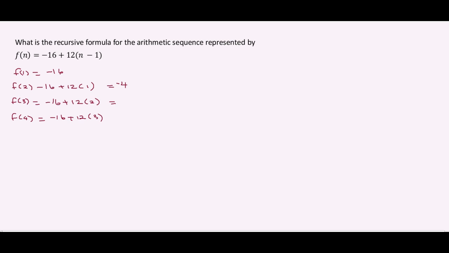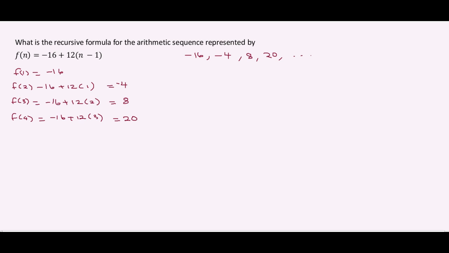Negative 16 plus 24 is going to give us 8. Negative 16 plus 36 is going to give us 20. So our sequence looks like this: negative 16, negative 4, 8, 20, and we continue infinitely.